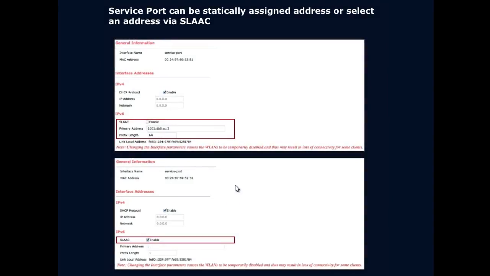What about our service ports? Well, again, we have IPv6 connectivity available here. We use our service port to statically assign an address or select an address via SLAAC. So our primary address, you can see here, we have our SLAAC enable here, and our prefix length here.